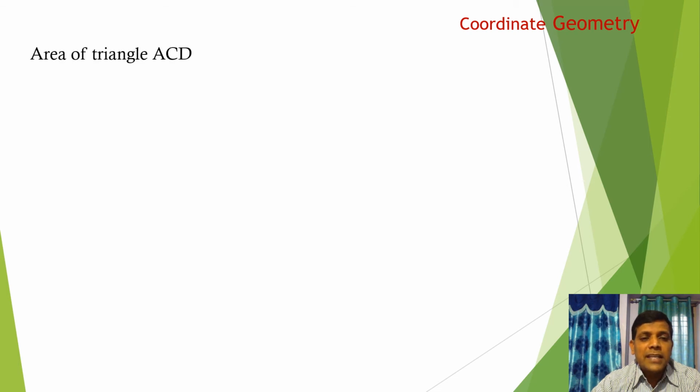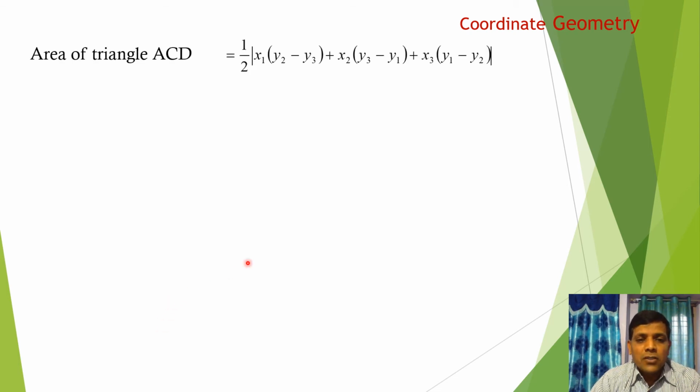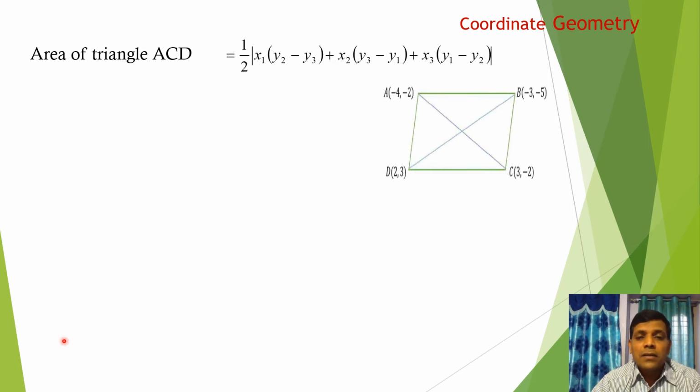Area of triangle ACD is equal to, so write down the formula of mod x1 into y2 minus y3 plus x2 into y3 minus y1 plus x3 into y1 minus y2. So write down the coordinates of A, C and D. A minus 4, minus 2, C 3 comma minus 2 and D 2 comma 3.